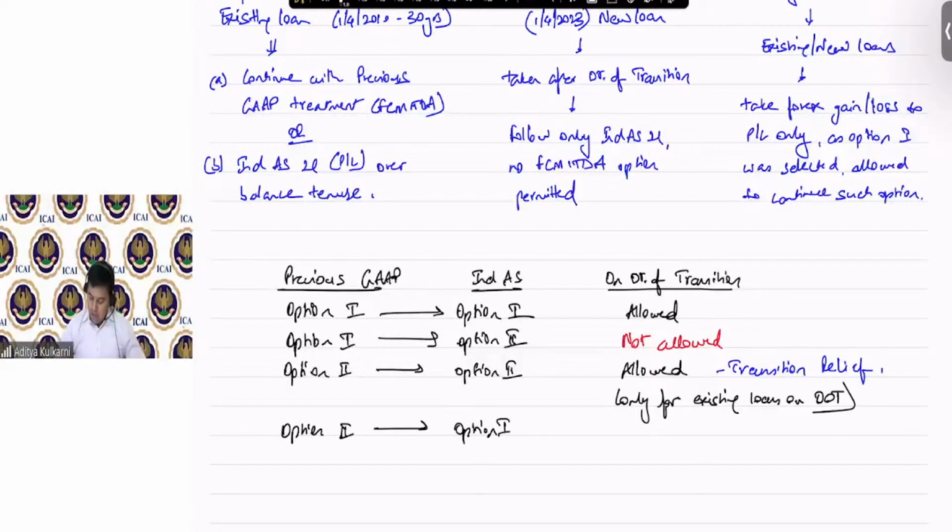Option one allowed. If I could write it, I would write encouraged also. Encouraged means you want to transit to the mainstream. So why will Ind AS not allow? Ind AS will definitely allow. Okay.